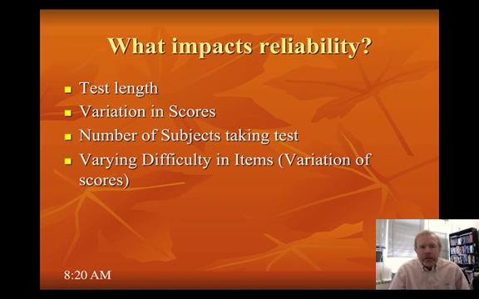The second thing that reliability depends on, particularly internal consistency, I should say, is variation in scores. If all of your students get a perfect score on your test, your reliability or your Cronbach's alpha will be 0. There's no variation, therefore there can be no reliability. There isn't any sense of consistency other than the consistency is that all students got the same score.